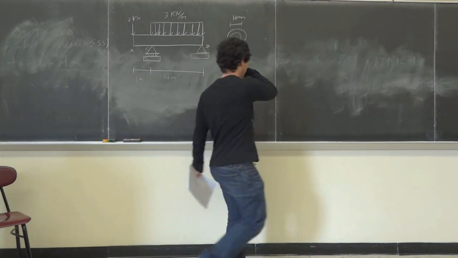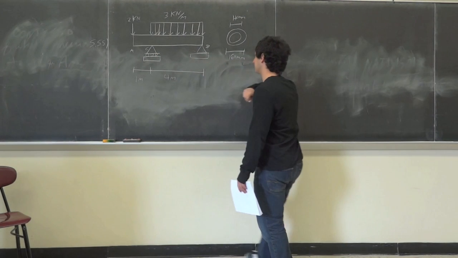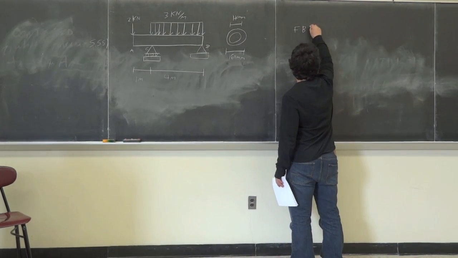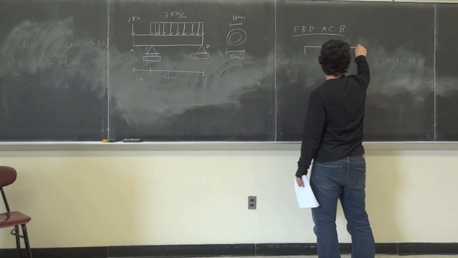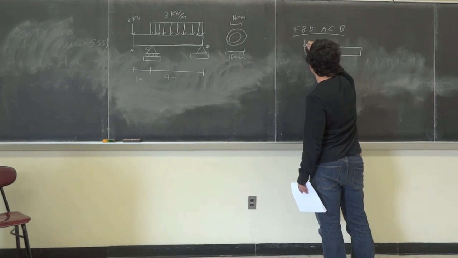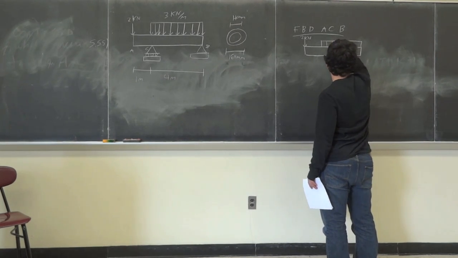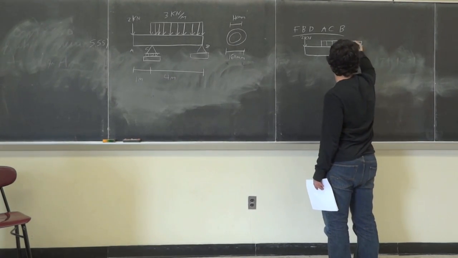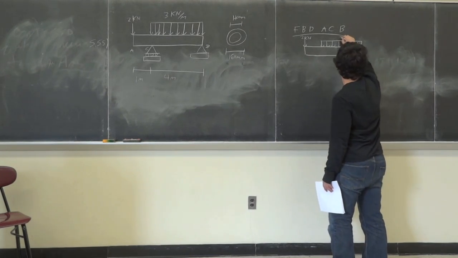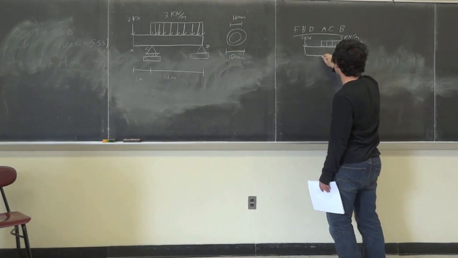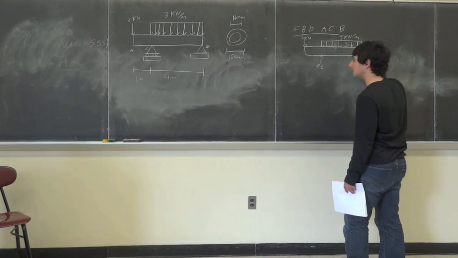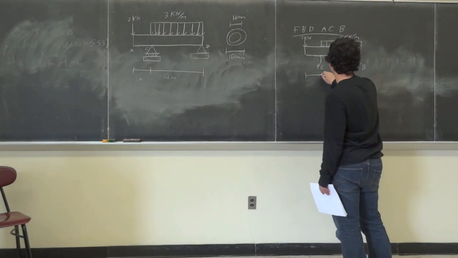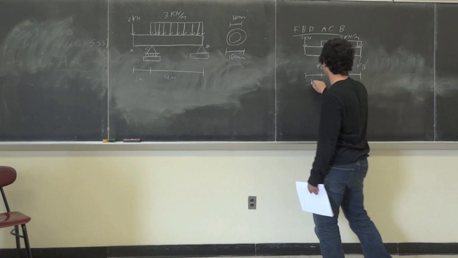Okay, so let's start. Let's draw a free body diagram of this beam, and let's get the reactions at C and B. Okay, so this is a free body diagram. 4 meters, 1 meter.